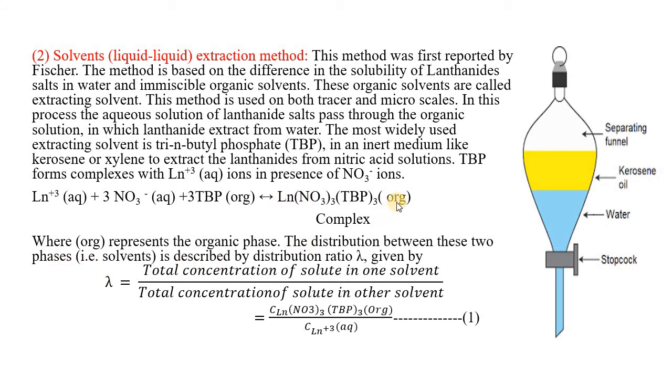The complex is formed in the organic phase. The distribution between these two phases, both immiscible solvents, water and kerosene oil containing the TBP, is described by the distribution ratio lambda, given by the total concentration of solute in one solvent and the total concentration of solute in the other solvent.